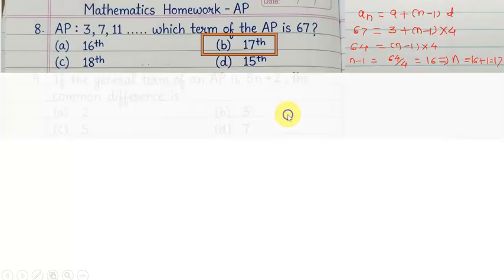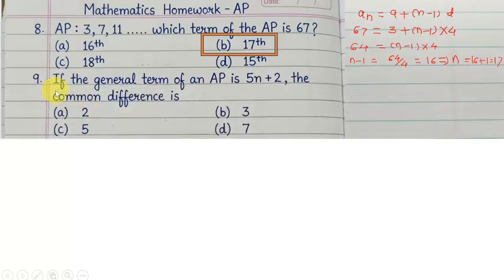Now next, if the general term of an AP is 5n plus 2, the common difference is? Again here, the general term is an is equal to 5n plus 2. What about the first term? n is replaced by 1: 5 into 1 plus 2, and that is equal to 7.